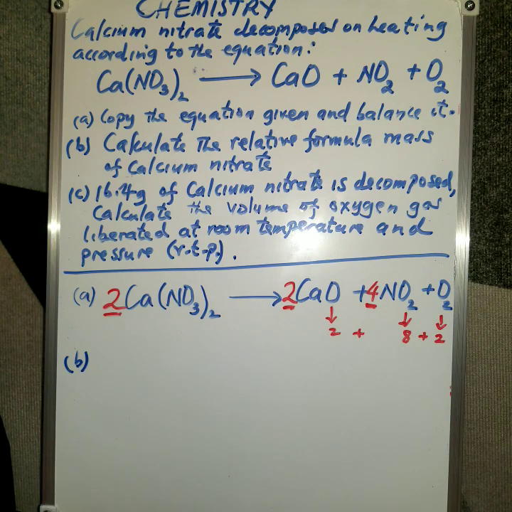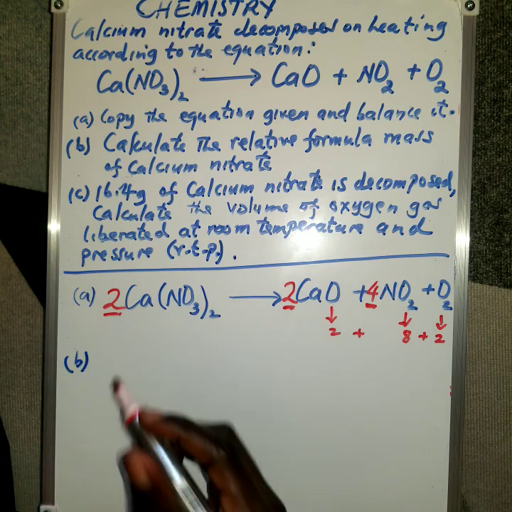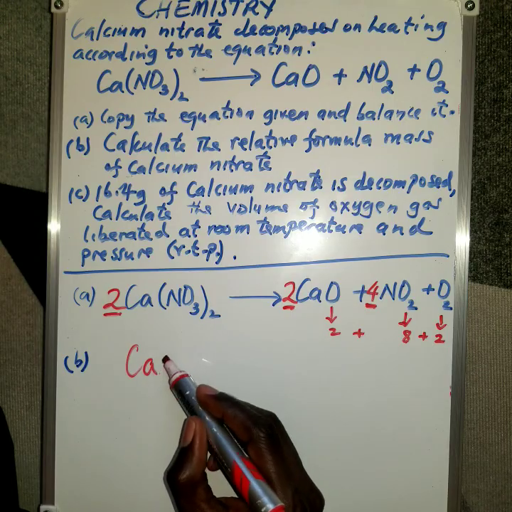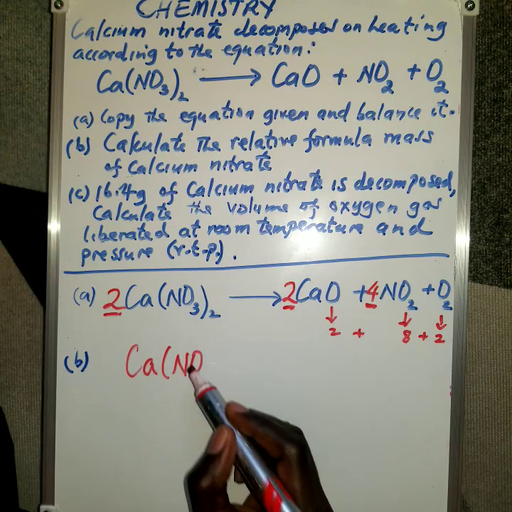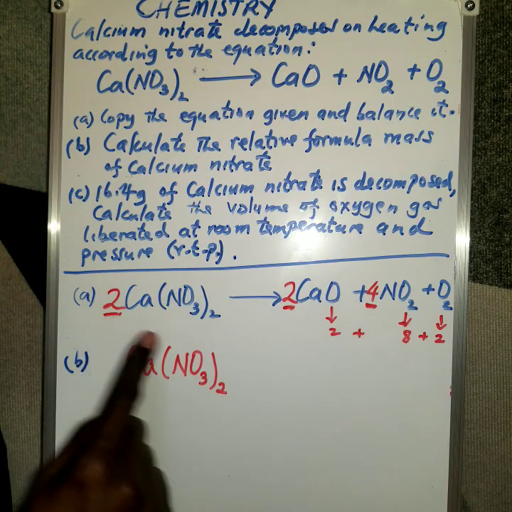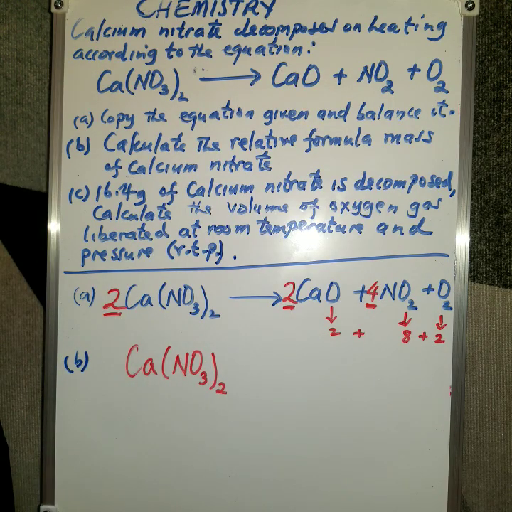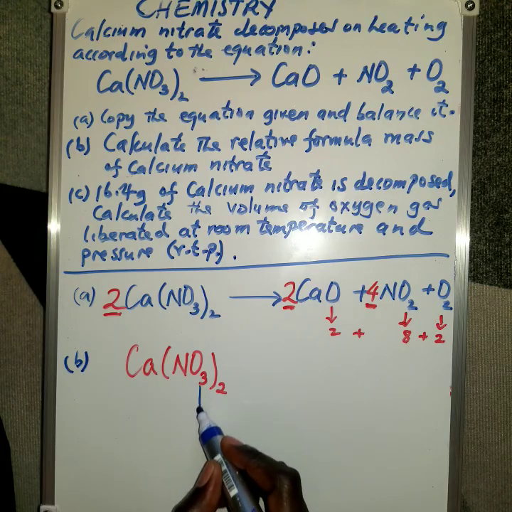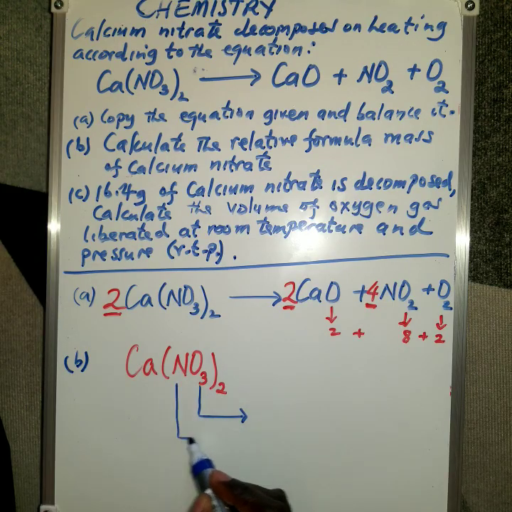Relative formula mass is for one molecule of that compound. So they are simply talking about this calcium nitrate. The formula for calcium nitrate is this one. Please don't make a mistake. A lot of people are making a mistake.